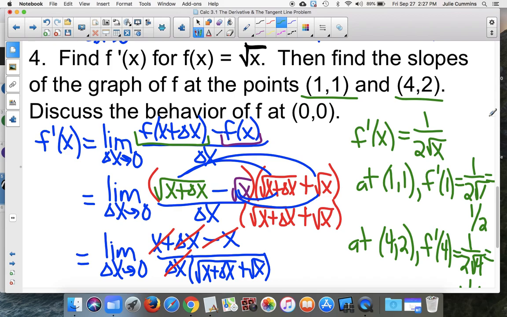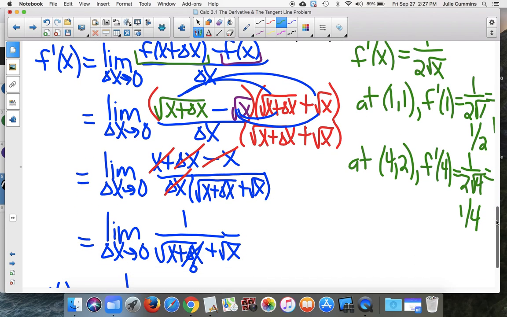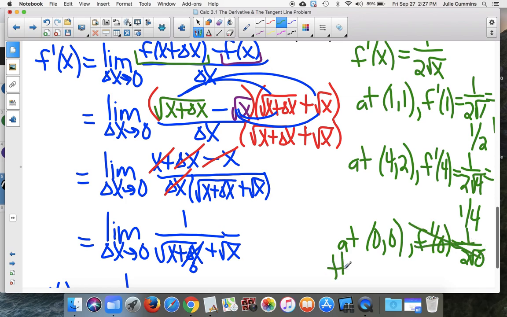Going back to this formula, if we tried to plug into the derivative at (0, 0), 1 divided by 2 root 0, we would be dividing by 0, and we can't do that. That's undefined, which means we have a vertical tangent. So we would say at (0, 0), there is a vertical tangent.